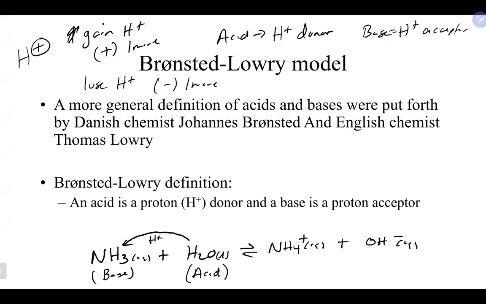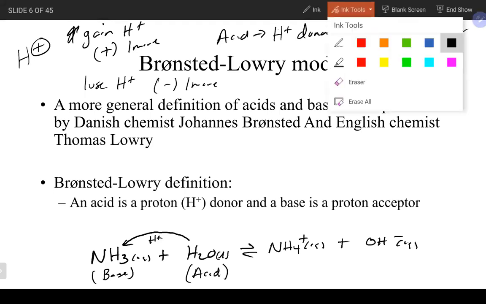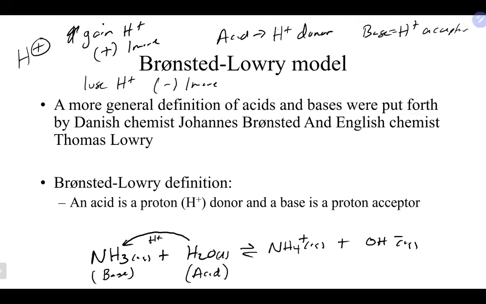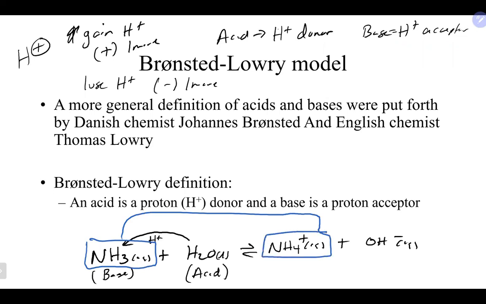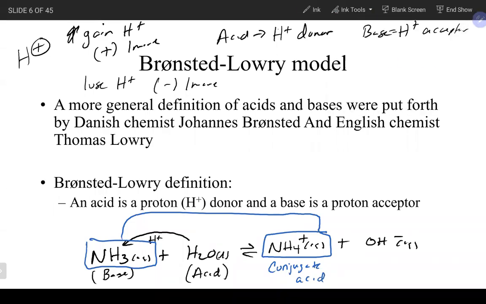The consequence of the Bronsted Lowry definition is that the acid and base found on the left-hand side of the equation will have partners on the right-hand side that they are related to. In this case, the NH3 is related to the NH4 plus. Since NH3 is a base, the NH4 plus on the other side is referred to as its conjugate acid. The other relationship is found with the other two.